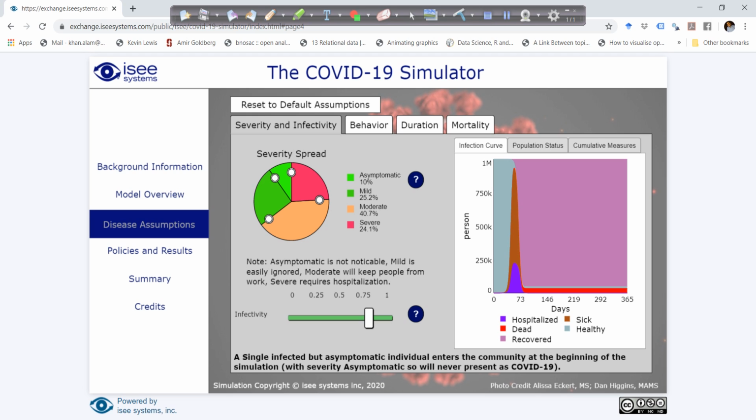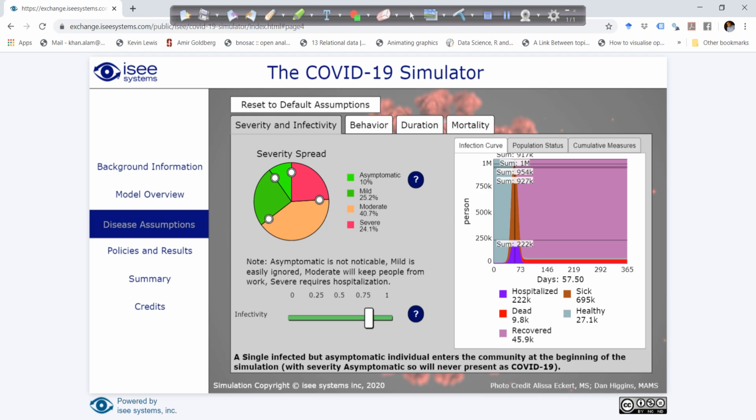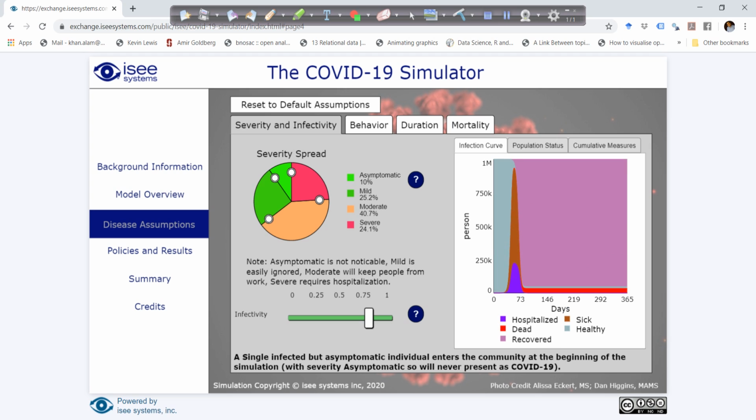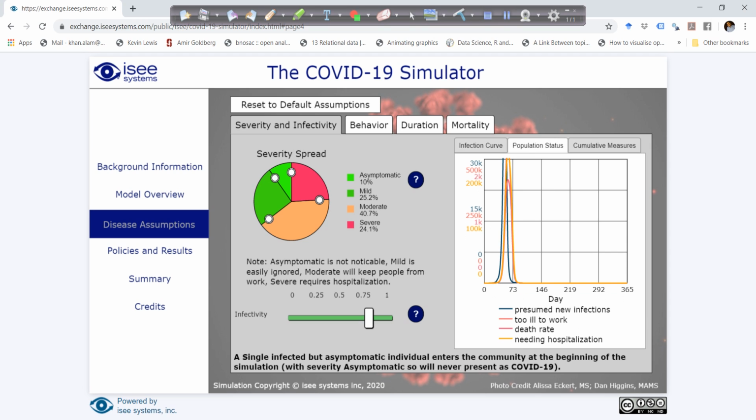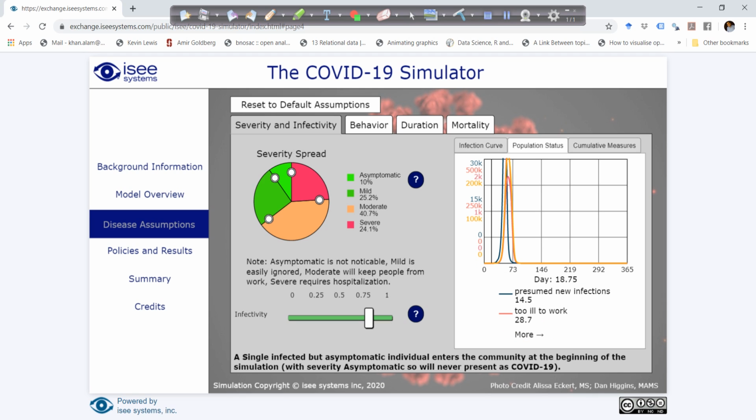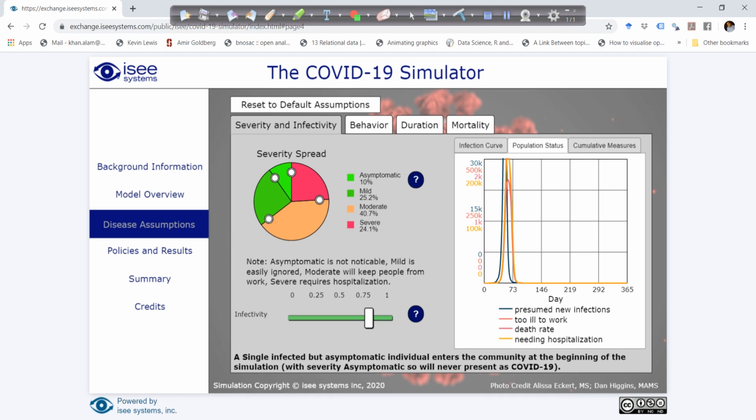Just based on these changes in assumption, we can see the daily levels of hospitalization and cases, but instead of looking at daily, it would be very interesting to look at the population status over time. We could expect that in the first 20, 25 or 30 days, the increase is not much, but then there is a massive increase.